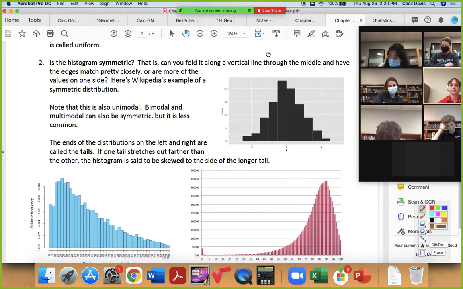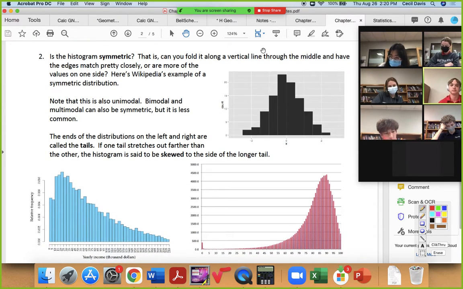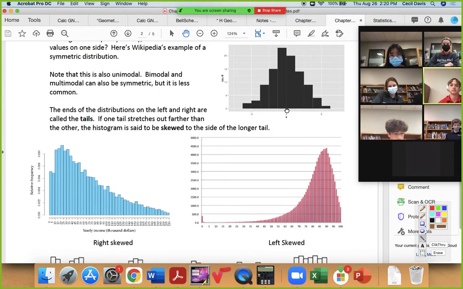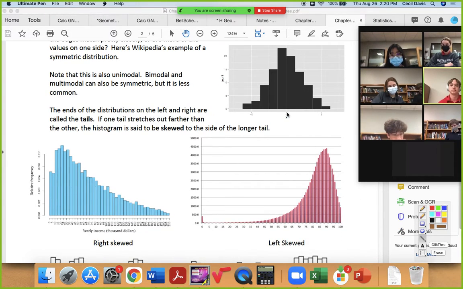All right, next thing is, is the histogram symmetric? In other words, could you draw a vertical line something like this, and if you fold it in half along that vertical line, are the two sides basically the same? They don't have to be perfectly the same, but are they basically the same?